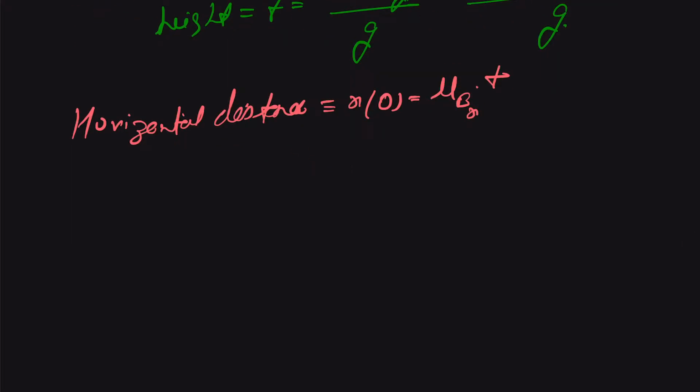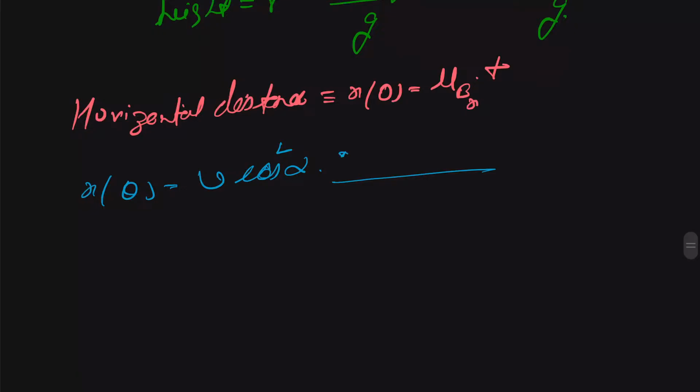We get x of theta will be equal to u_Bx, which we know is v cos square alpha, multiplied by twice v cos alpha sin alpha by g.